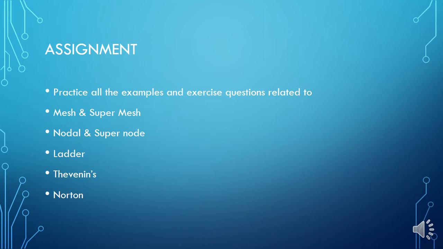What you are going to do is practice all the examples and exercise questions related to mesh, supermesh, nodal, supernodal, ladder, Thevenin and Norton. You have to practice all the examples in your book.